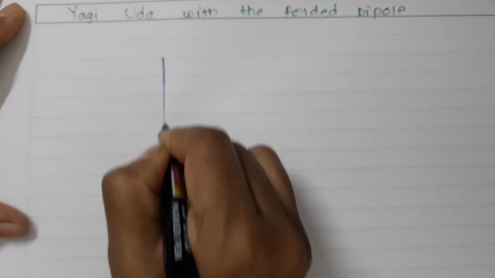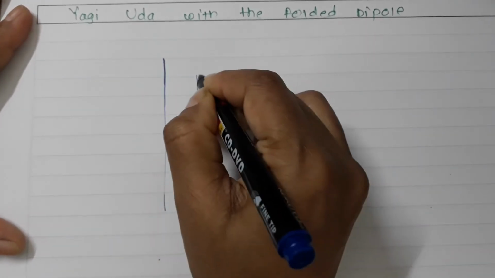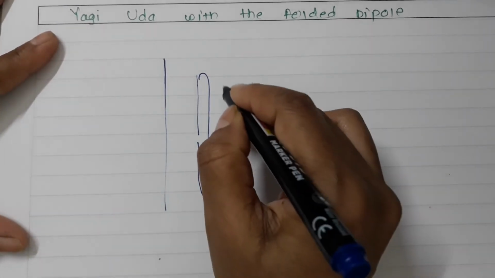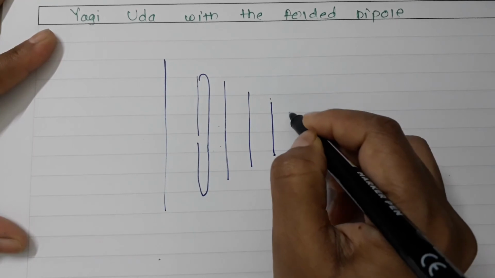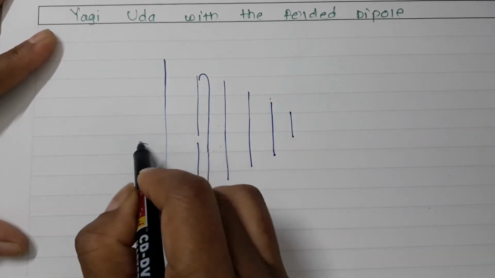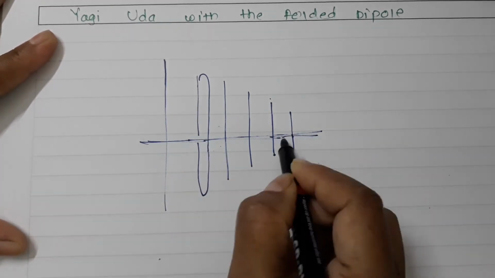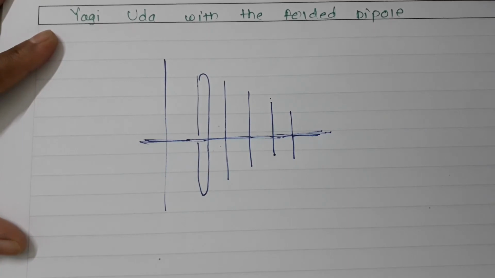I'll have this reflector, and my driven element like this, which is nothing but the folded one. Then I'll have 1, 2, 3 and 4 directors, with this kind of structure in between. So this is my Yagi Uda antenna with the folded dipole.